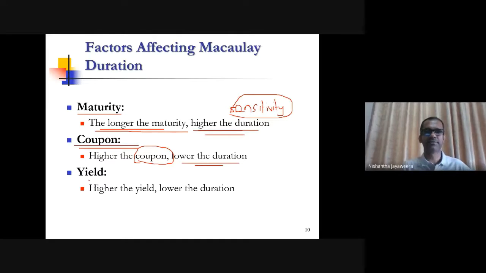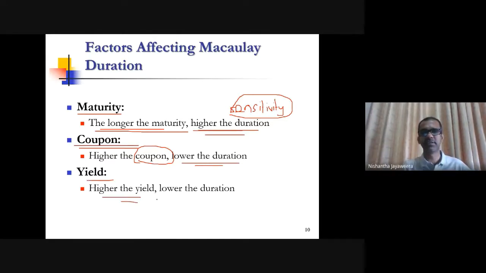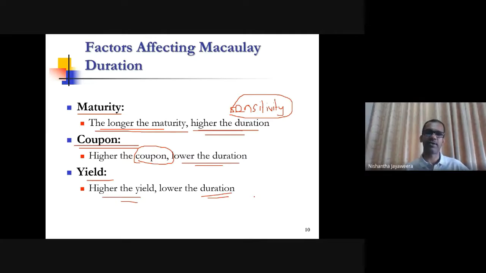When the yield increases, again duration decreases. So for a given bond, when the yield to maturity is high, the sensitivity of the bond for a given change in interest rate is low.